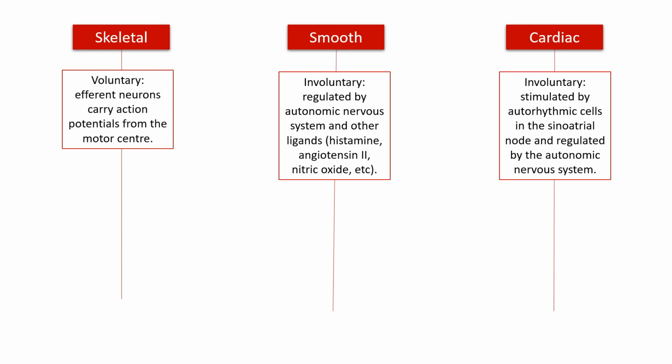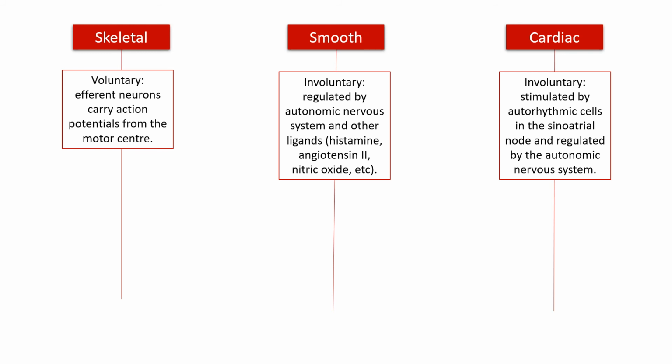So chemicals can regulate it, but also the autonomic nervous system. Our autonomic nervous system is what regulates the functions of our body without us having to think about it. Hence, it's involuntary.